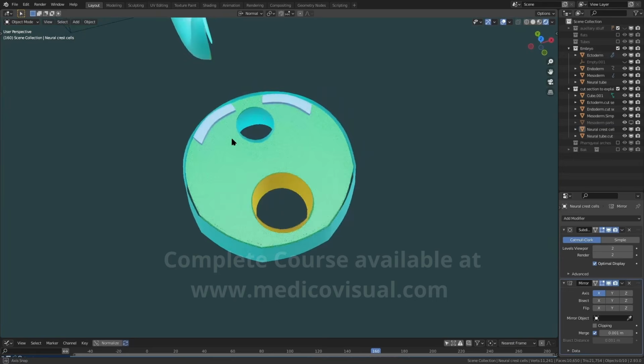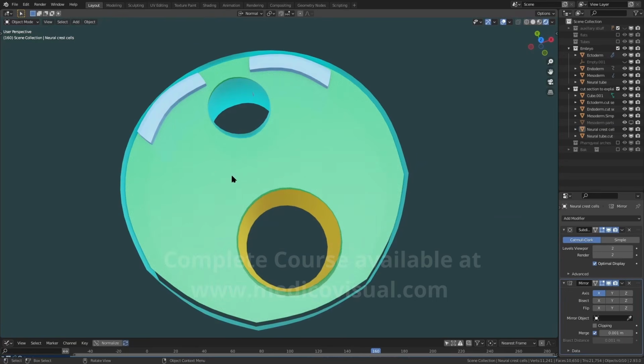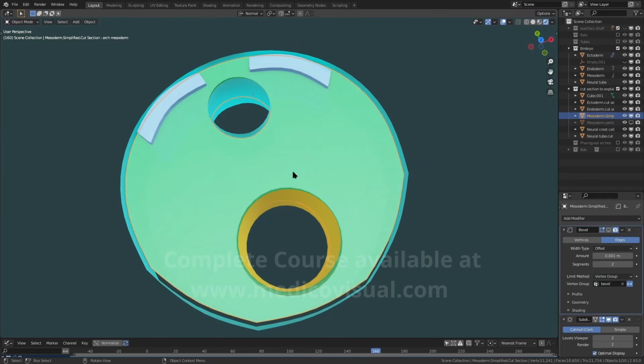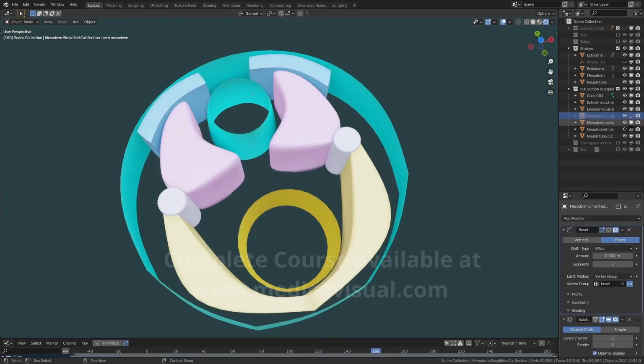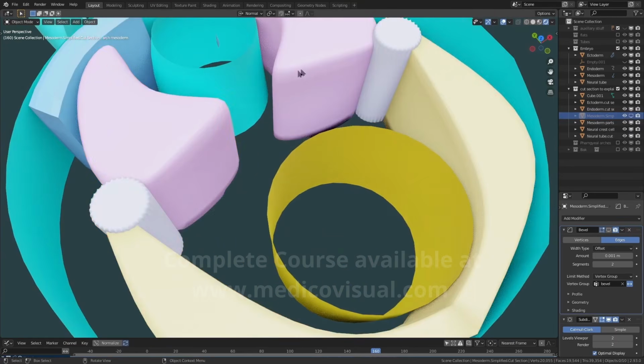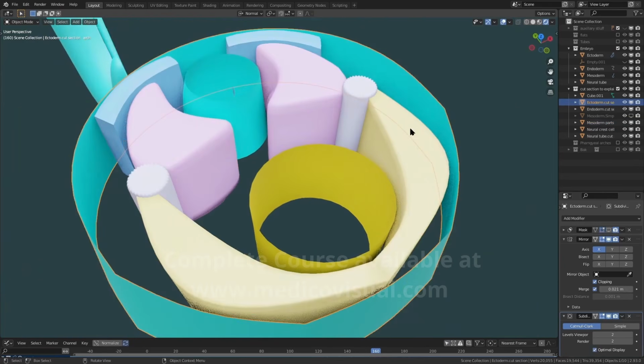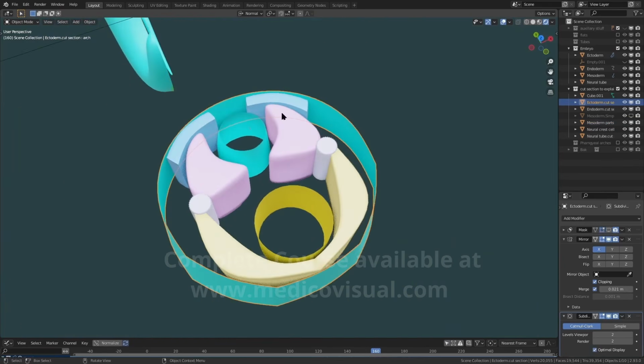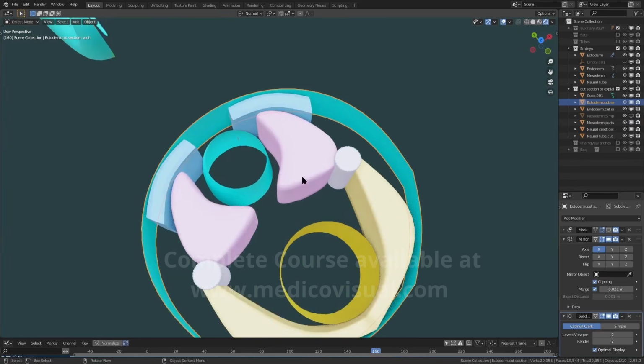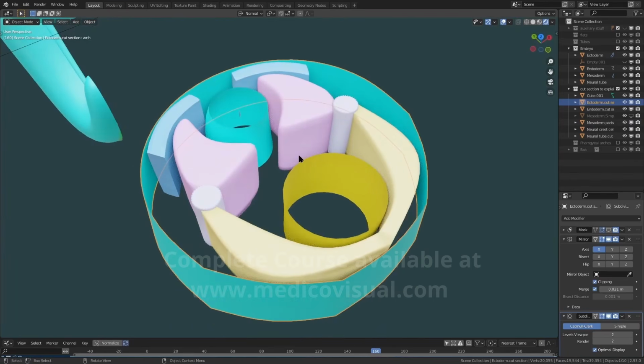Now this mesoderm is a much simplified version of the actual mesoderm. Actually, mesoderm is not like this, but it is divided into certain parts. It consists of the paraxial mesoderm, the intermediate mesoderm, and the lateral plate mesoderm. So this is a much more realistic version of what a mesoderm looks like.